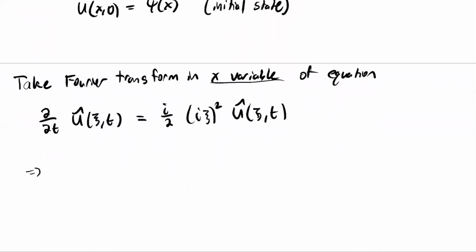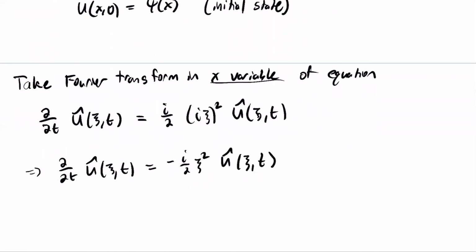So we end up with the derivative with respect to t of u hat of xi, t is equal to, well, i squared is -1, so I get minus i over 2 xi squared times u hat of xi, t. And so we're not quite done, but almost, because what we have here is just an ordinary differential equation in the t variable. I have some time derivative on the left-hand side of a function equal to some multiple of the function.